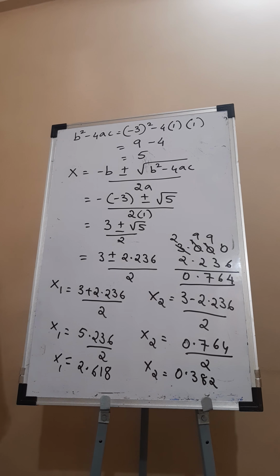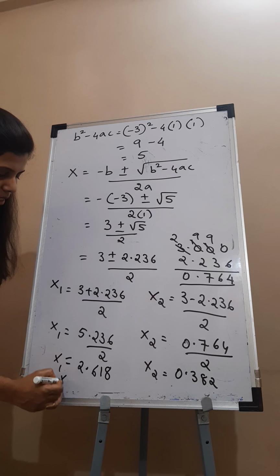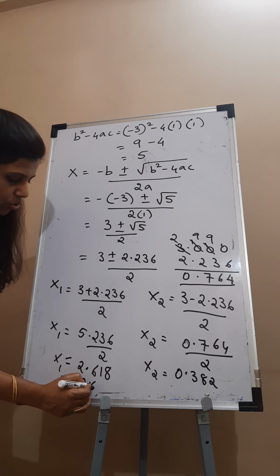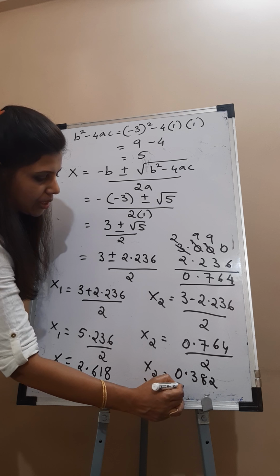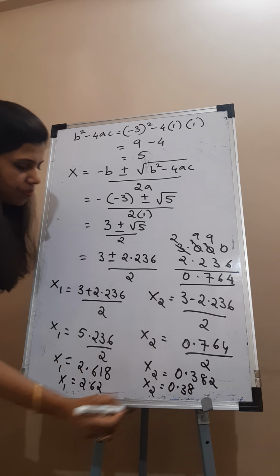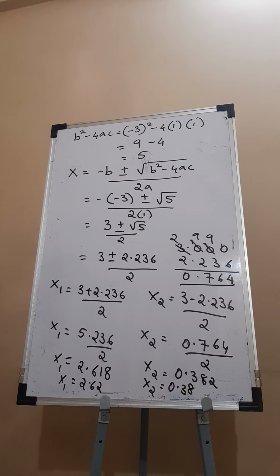Now as you have to convert it to the second decimal place, you have to check the third decimal place. It is greater than 5, so you will remove this and add 1 to the number in the second decimal place. So I'll write x1 is equal to 2.62 and x2 is equal to 0.38. Now you have got your final answer.